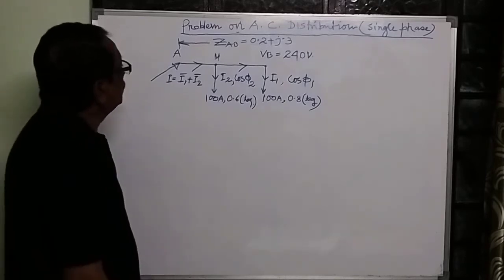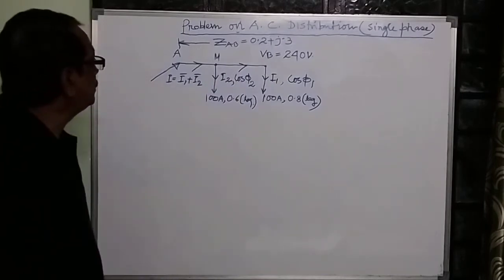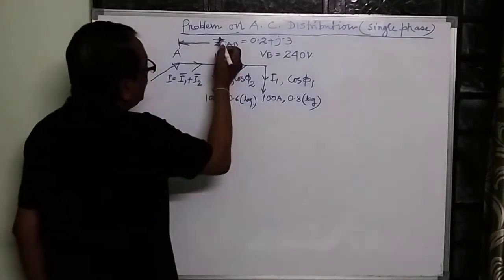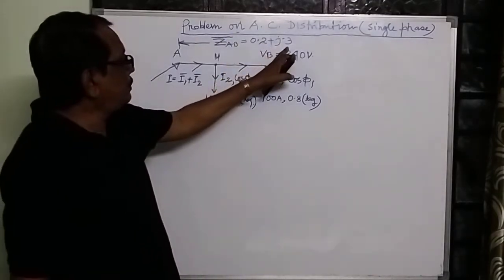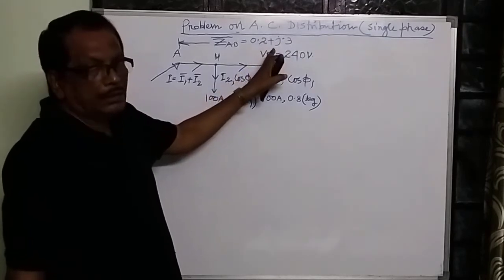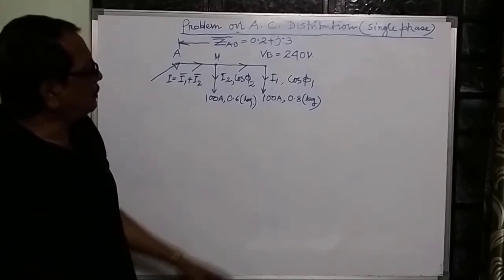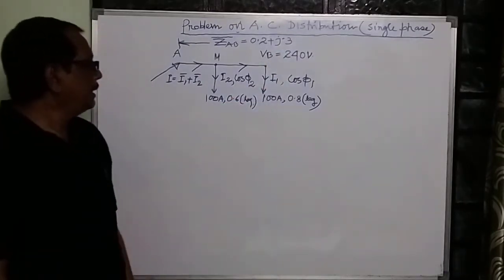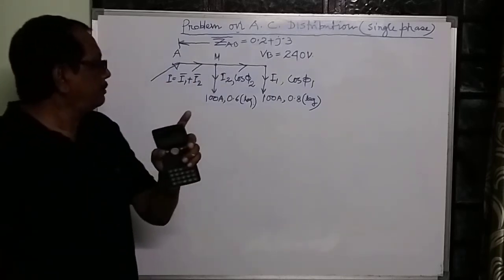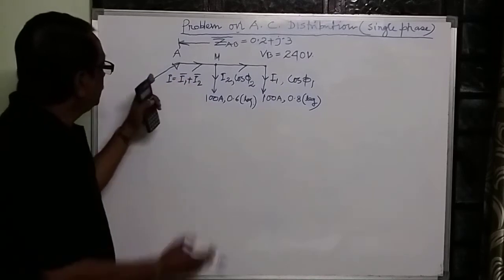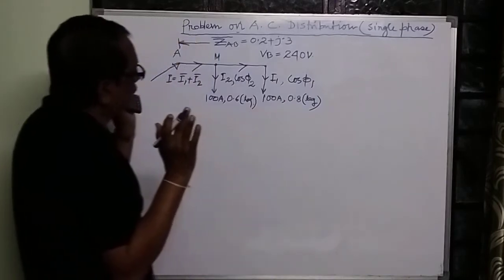Now, the impedance of the distributor is given, that is ZAB vector equals 0.2 plus j0.3, that is resistance is 0.2 and inductive reactance is 0.3. As the M point is the middle point, ZAM and ZMB sections are equal.